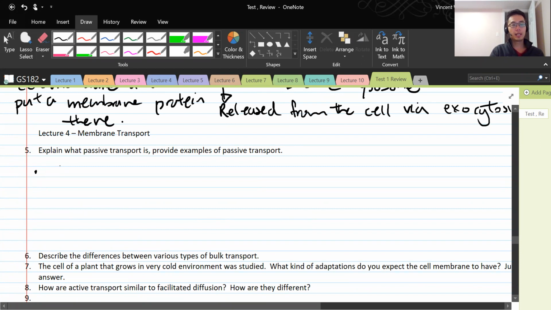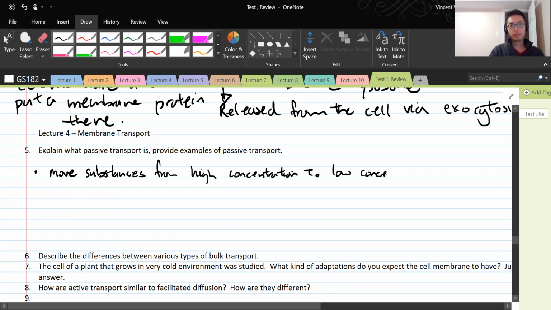Number one, it is moving substances from high concentration to low concentration. So down its concentration gradient, and then therefore no ATP is needed.